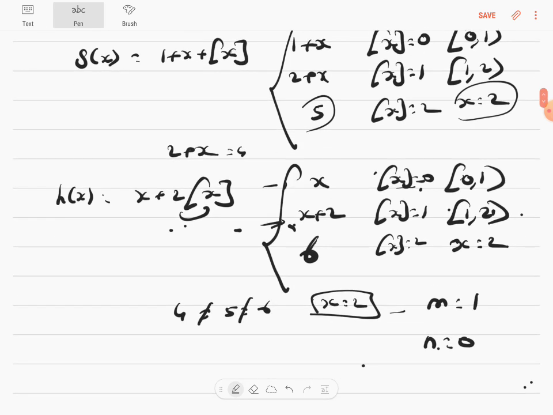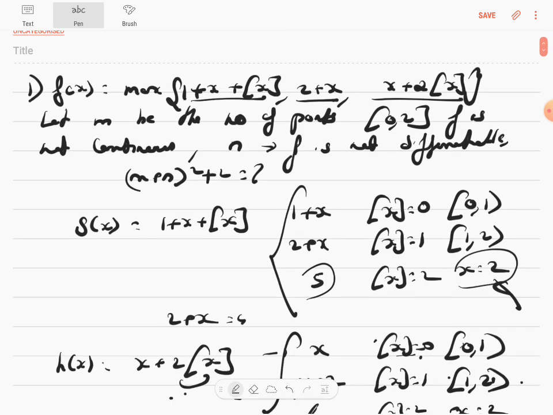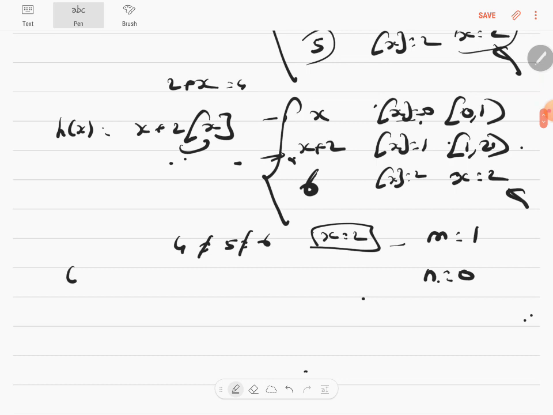You can't include 2, because at 2 it's getting different values, it's not continuous, so you can't check for differentiability. But other than 2, in the open interval 0 to 2, it is definitely differentiable at every point. What about at 0?